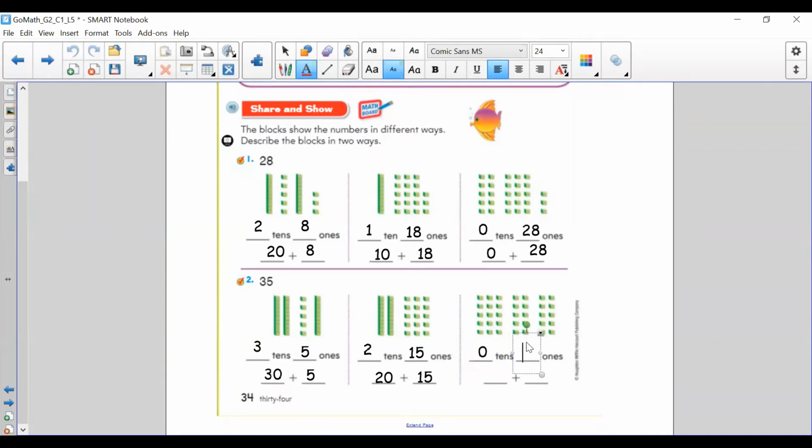Do you see ones? Yes. How many ones altogether? Well, we know the number is 35. So we know that we have 35 ones. So we can show that as 0 plus 35. Okay, good job.